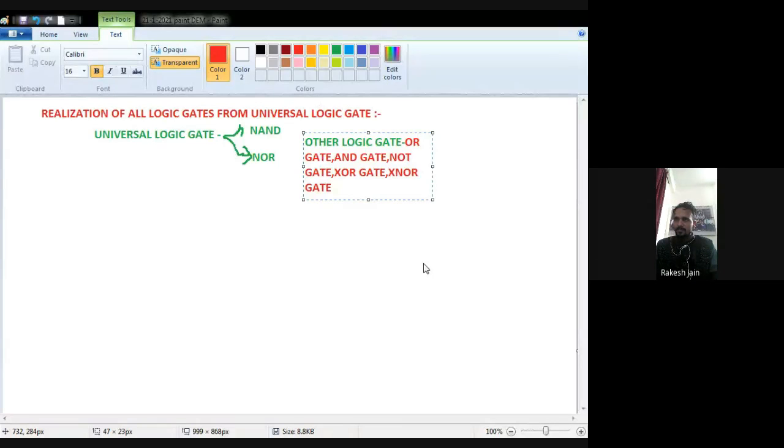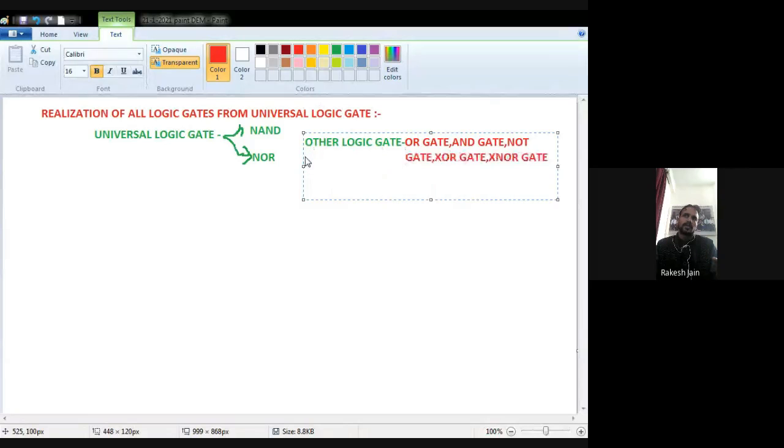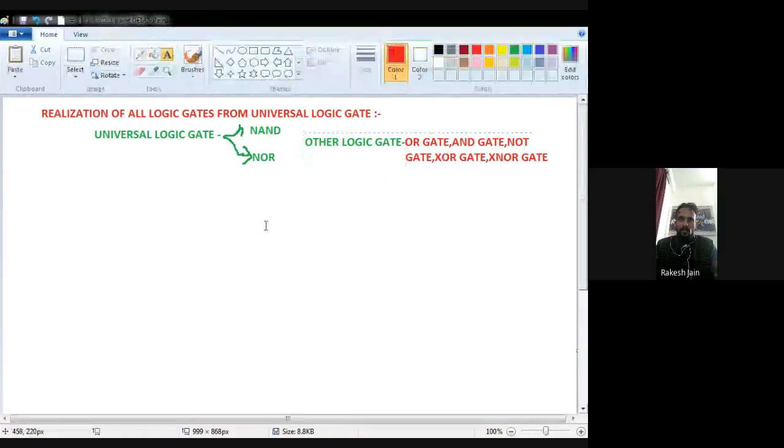OR gate, AND gate, NOT gate, XOR gate and XNOR gate. Okay, so these are the other logic gates. So we can realize all other logic gates from these universal logic gates.